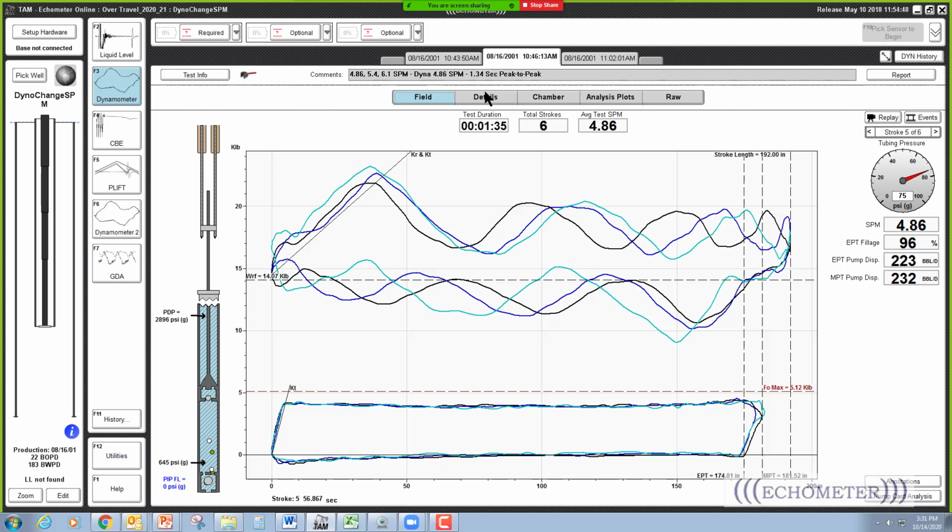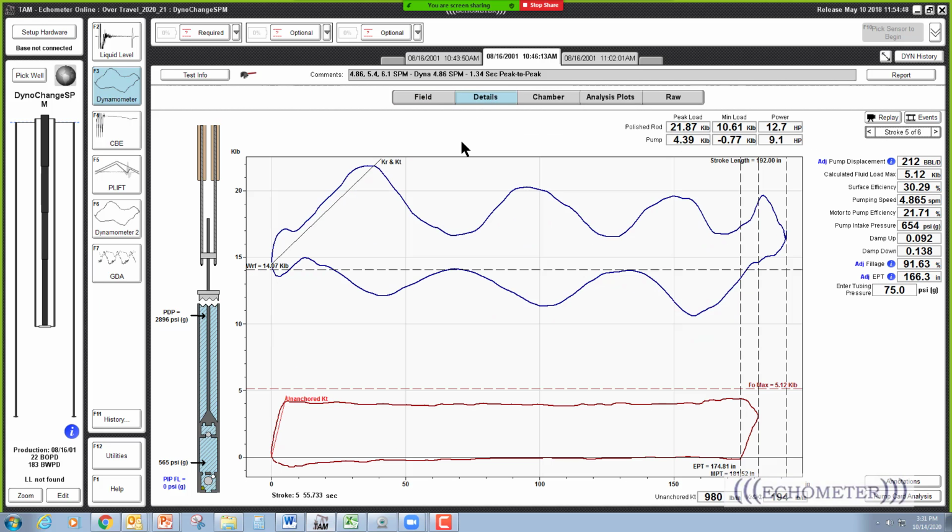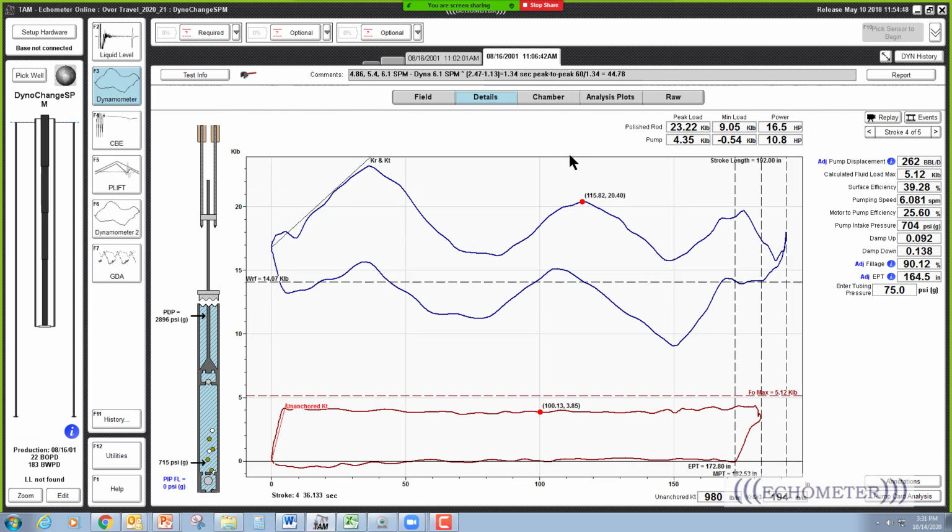And the reason why I like to talk about this a little bit is because I've had probably 100 questions about how is 4 peak loads on the upstroke worse than having 3 peak loads on the upstroke? And the answer is, I used to say, well, it's more cycles, but now I realize that the number of echoes is the same because the frequency of the rod string is the same, and it doesn't mean anything at all.